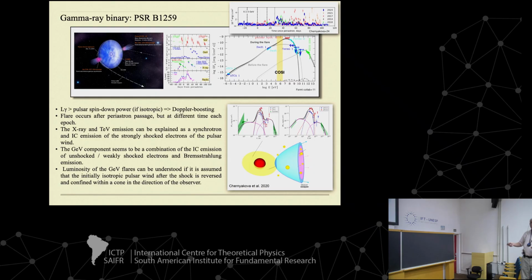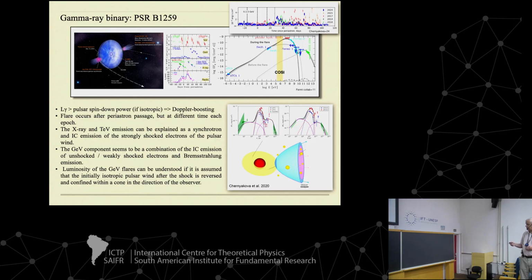And when this cone points to you, you see a boosting of the radiation. So in our reference frame, it seems to be a system with a higher power than in the local frame. So it's just a relativistic effect that we are observing.